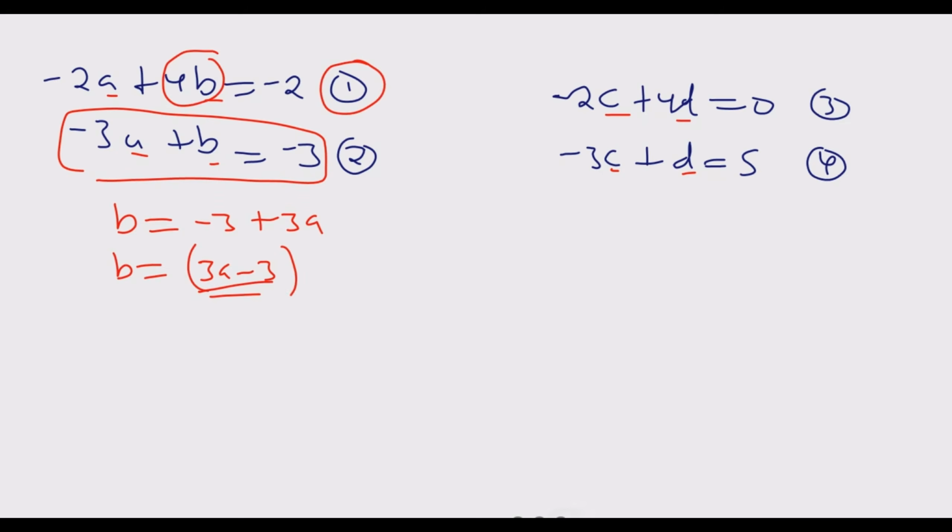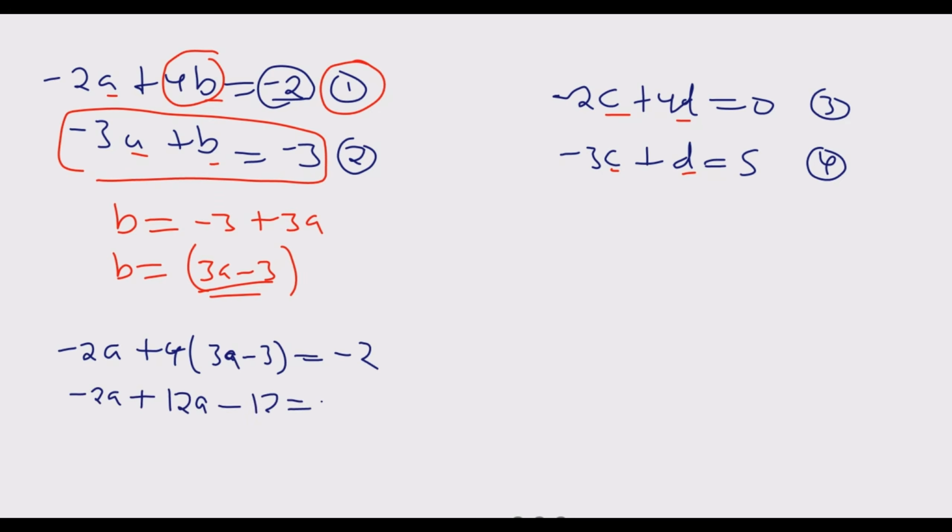So we are going to have basically -2A, then plus 4 multiplied by 3A minus 3, then equals basically this value, which is -2. So we are going to have -2A plus basically 12A, which is 4 times 3A there, then minus 4 times 3, it will be -12 equals basically -2.